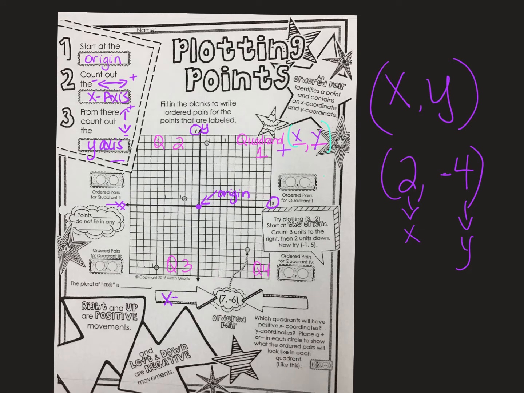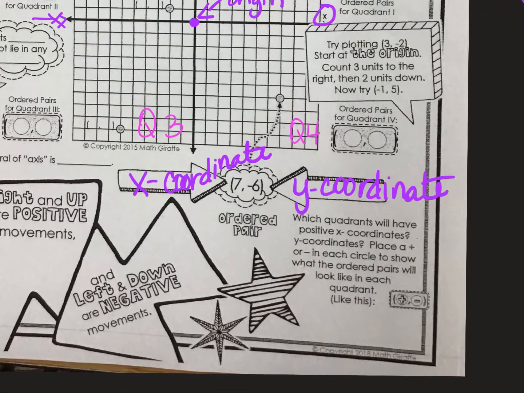This is your X coordinate and your Y coordinate. And those are called ordered pairs. Notice that right here. They are called ordered pairs. So your ordered pairs are 7 and negative 6, okay? So then you can come along and fill that in with a marker if you wish later.